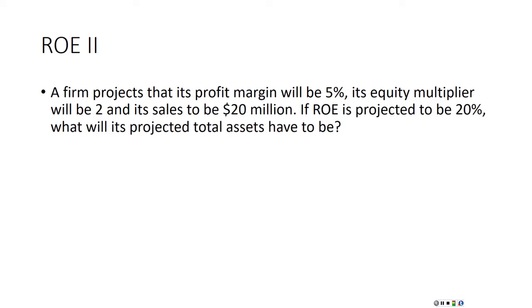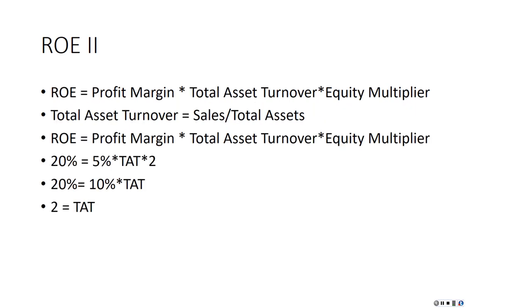Our second problem on ROE: a firm projects that its profit margin will be 5%, its equity multiplier will be 2, and its sales to be 20 million. If ROE is projected to be 20%, what will its projected total assets have to be? Well, once again, ROE is equal to profit margin times total asset turnover times equity multiplier. And total asset turnover is equal to sales divided by total assets.